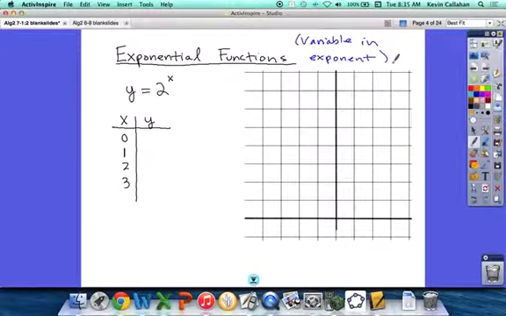It doesn't have to be just x. It could be 2 to the 2x minus 3. It could be a variable expression, but the variable is in the exponent. And so we're going to plot some points just to see if we could tell what the shape of the graph looks like. And I've already started a table of values with 0, 1, 2, 3.